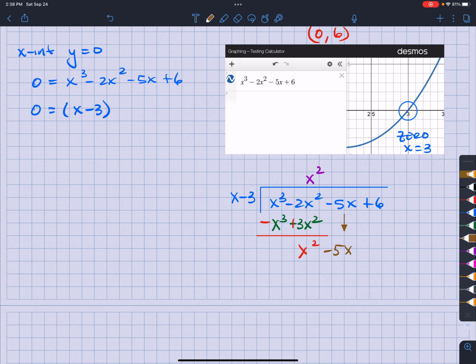How many times does x go into x squared? Well, that's going to be x times. So that's going to be x squared minus 3x. Flip the signs and add. I'm left with a negative 2x plus 6.